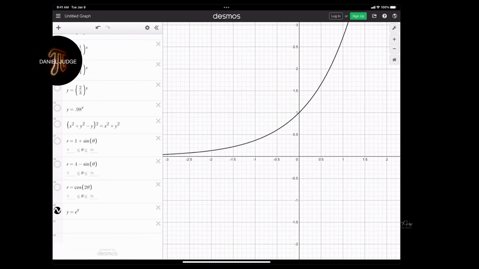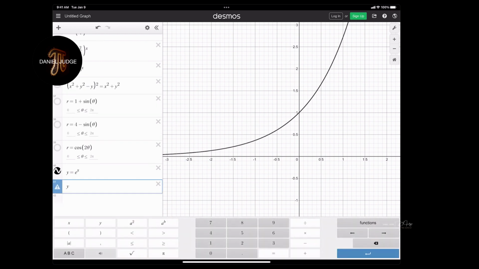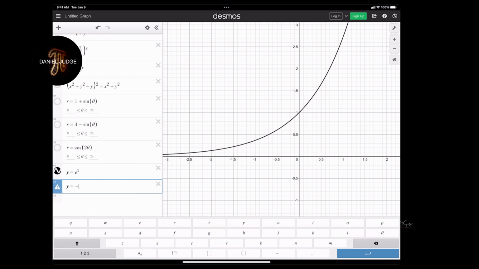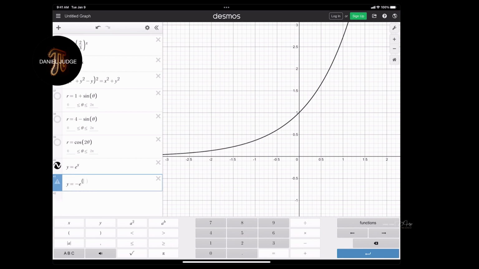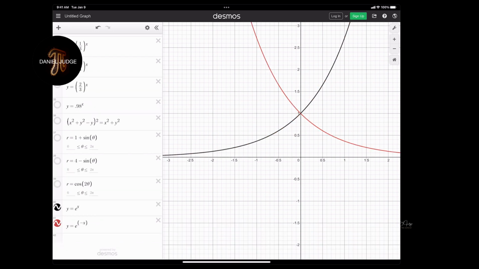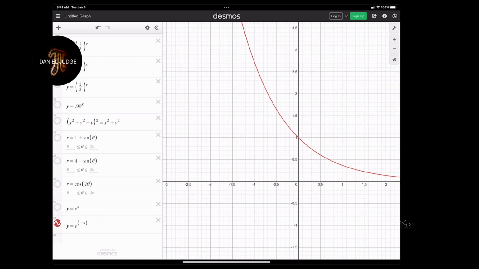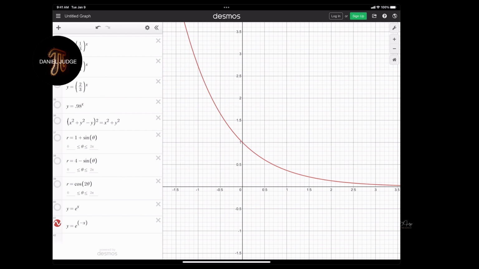That's exponential growth, ladies and gentlemen. y equals the negative e raised to the x power here. Oops, that should be negative up here. Negative e to the x in red, this is your exponential decay curve, ladies and gentlemen.